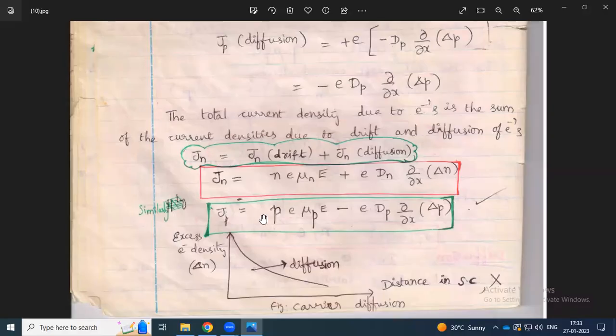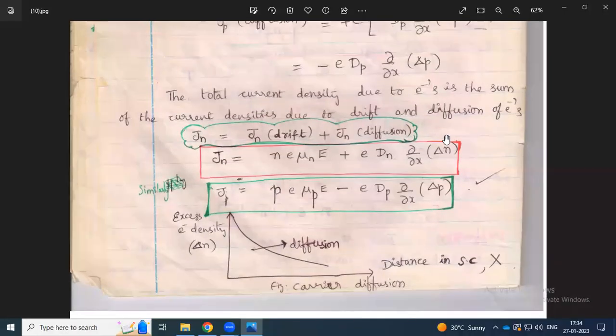Similarly, Jp, the total current density because of holes, is equal to drift current density plus diffusion current density. Drift current density for holes is p e mu p E, minus the diffusion current density, which is minus e Dp dou by dou x of delta p. We got these separately for holes and electrons because of drift and diffusion.